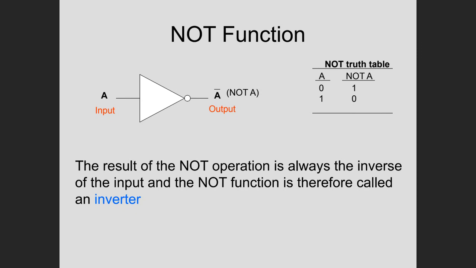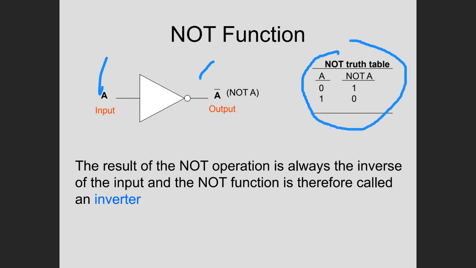Remember when you took the 2's complement, how you flip the bits? Well, one way you could do that is using this device called an inverter. If you put in a 1 on the input, it'll change that to a 0. Or if you put in a 0, it'll invert that and change it to a 1. That's what this does, and that's what the truth table is showing you.